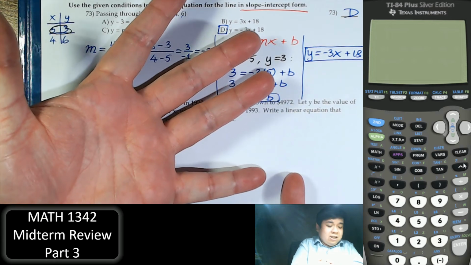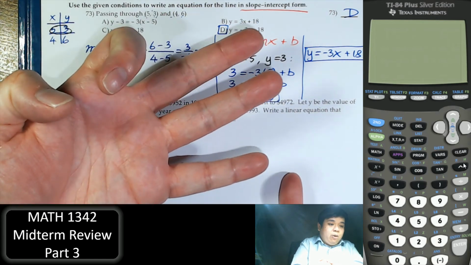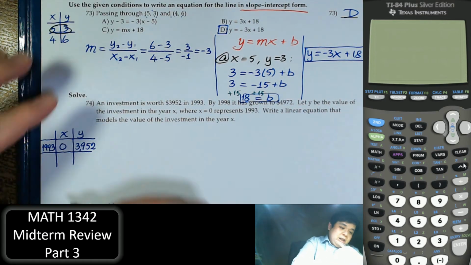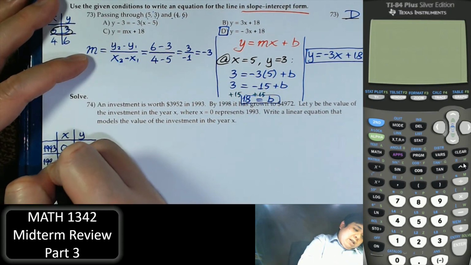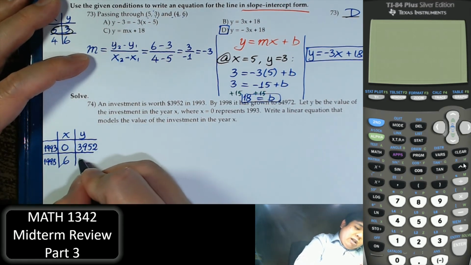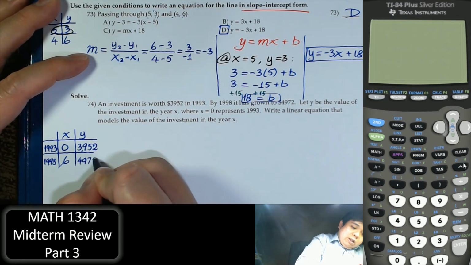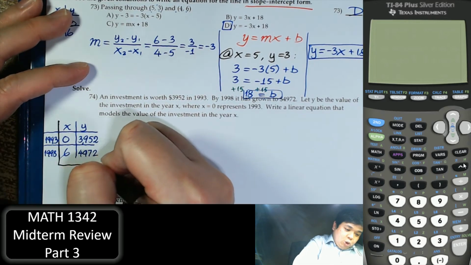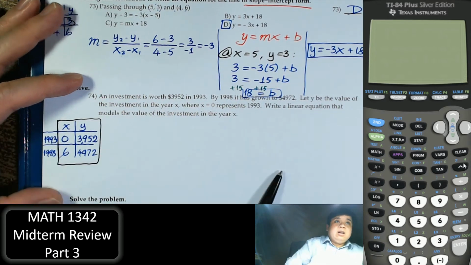So that's 6. 93, 94, 95, 96, 97, and 98. So yes. In 1998, x is going to be 6, and we have 4,972. Yeah. As we have a set of 2 points, we should be able to find the equation.